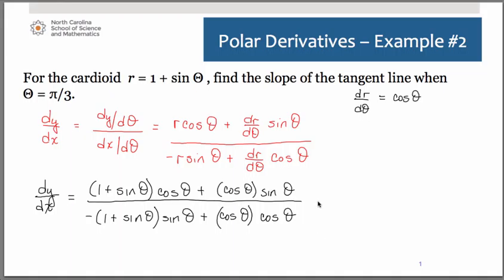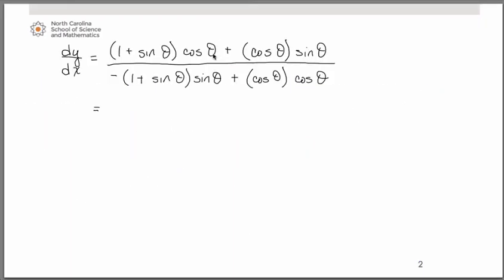If we rewrite and combine some terms, we need to first distribute the cosine over that quantity of r, 1 plus sine of theta. When we do that, we have cosine theta, then we have cosine times sine, but notice we have another cosine times sine behind the plus sign.